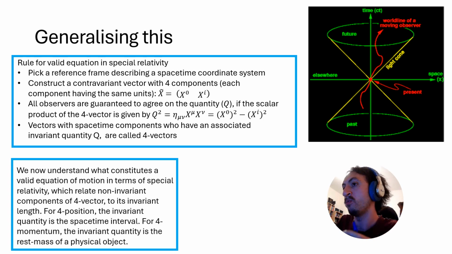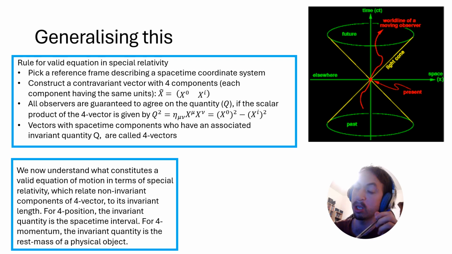However, for momentum, so we're considering not linking events in space-time themselves, but linking, say, momenta associated with events that occur in space-time, then the associated scalar quantity with this four-momentum vector is the rest mass of an object.